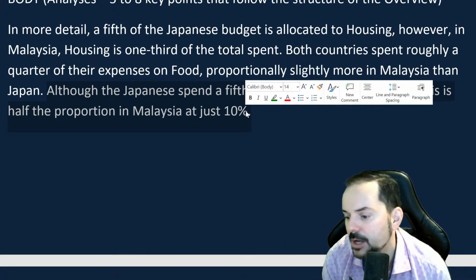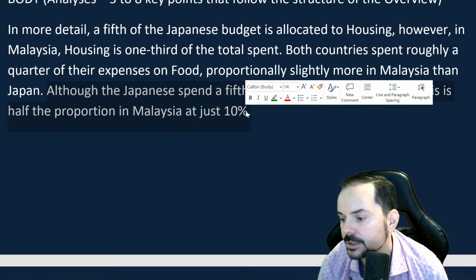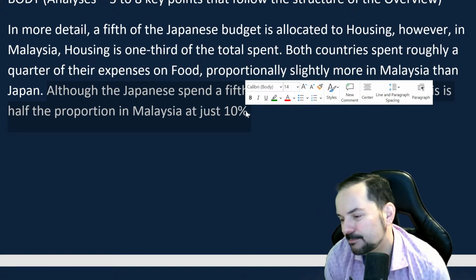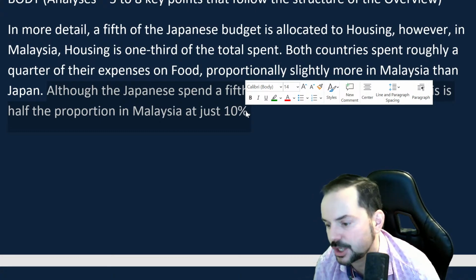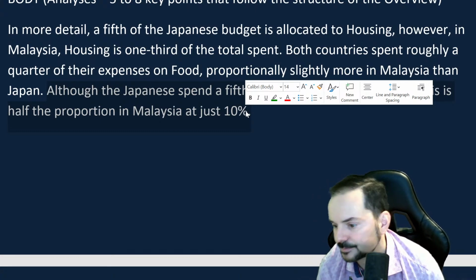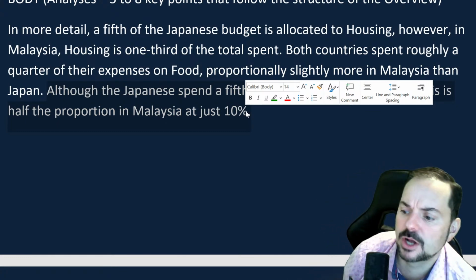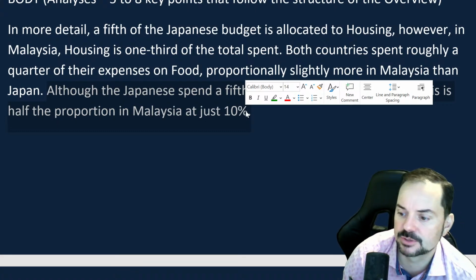So Suraj, to make it more accurate, Japanese spend double the amount of budget, not money, because they probably spend a lot more than double the amount of money, but they spend double the amount of budget on transport. Gurpreet, it's not more than double the amount, it's exactly double the amount, 20% and 10%, right?